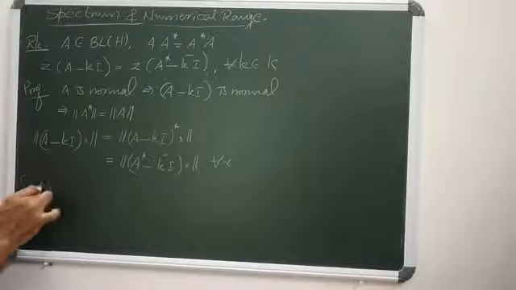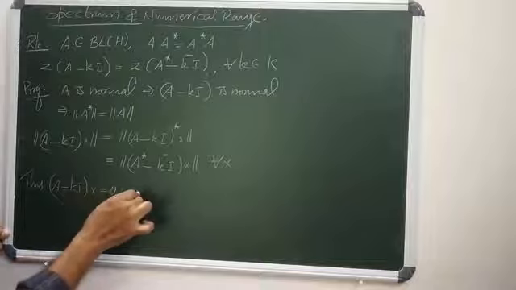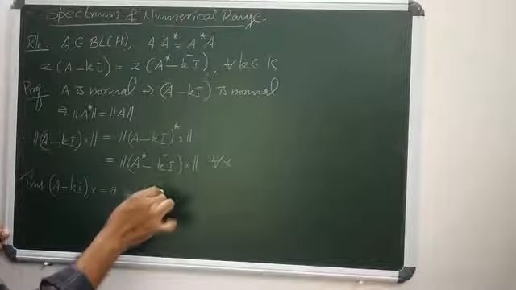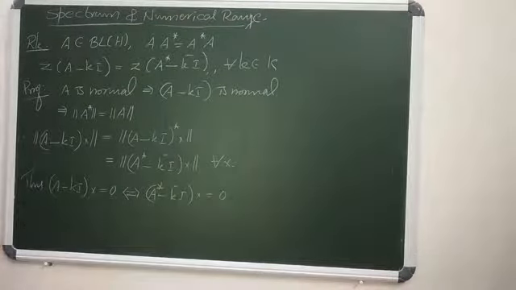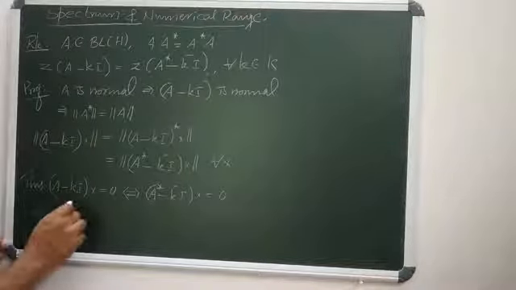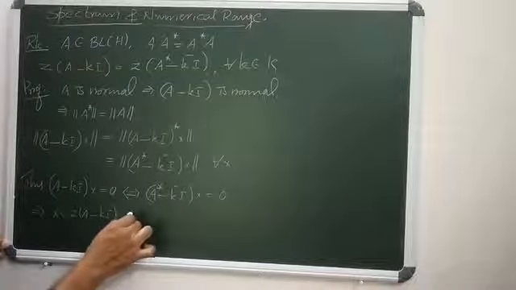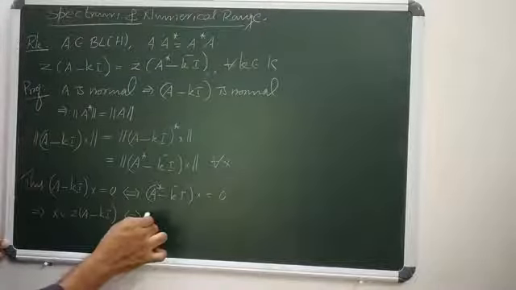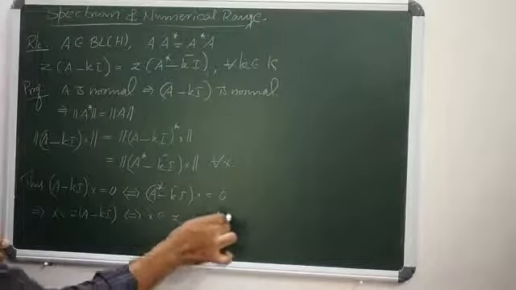Thus, (A minus k)x equals 0 if and only if (A* minus k-bar I)x equals 0. (A minus k)x equals 0 means x is in the null space of A minus kI, if and only if (A* minus k-bar I)x equals 0 means x is in the null space of A* minus k-bar.